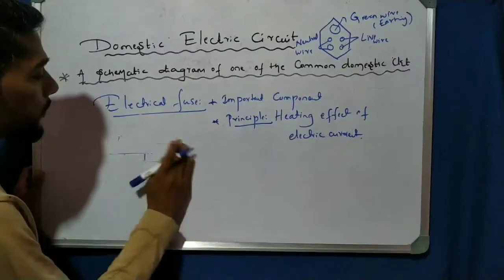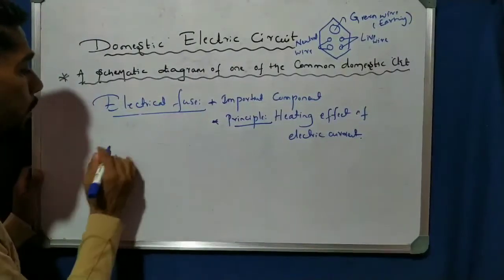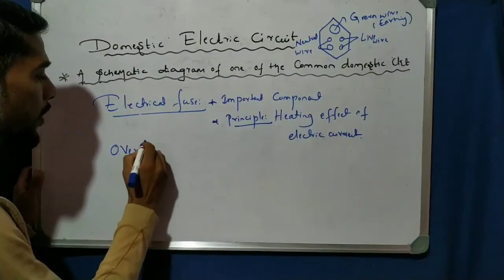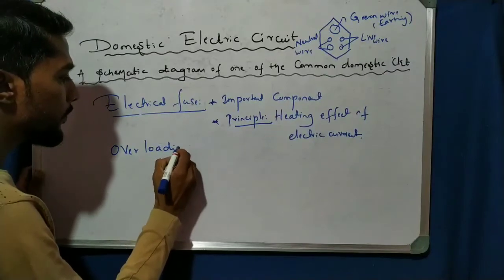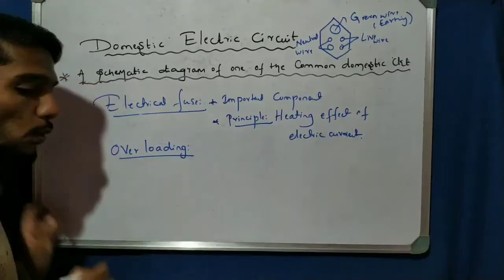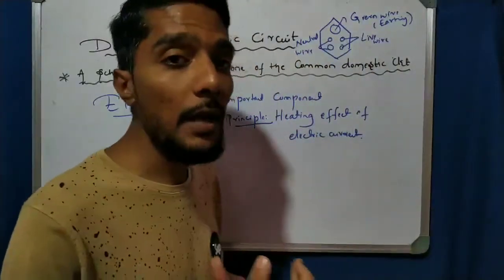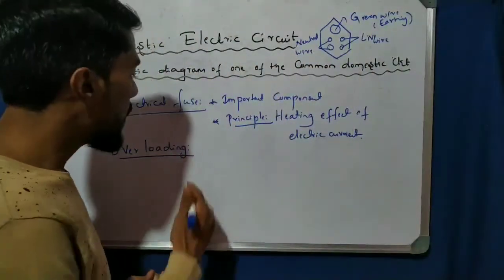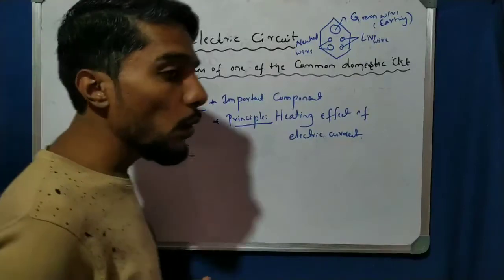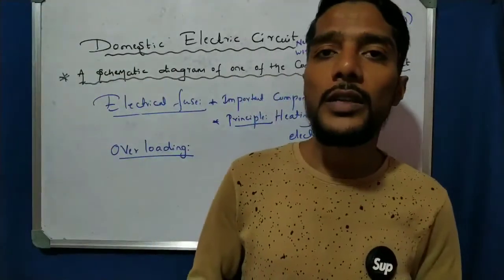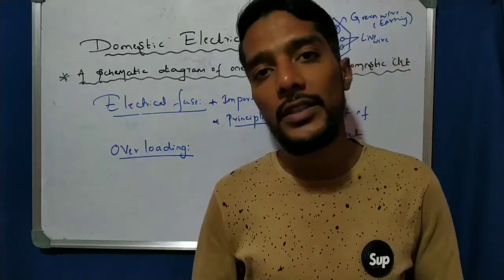The next very important point is overloading. It is important for the examination: what overloading is, and why it happens. Overloading is nothing but a sudden increase in the current in the circuit.